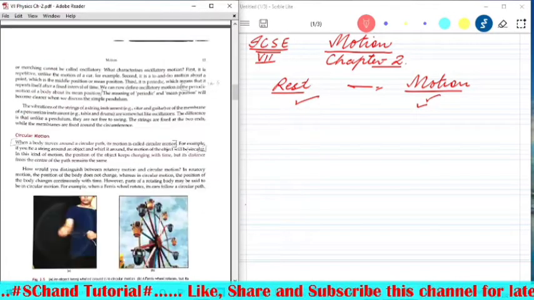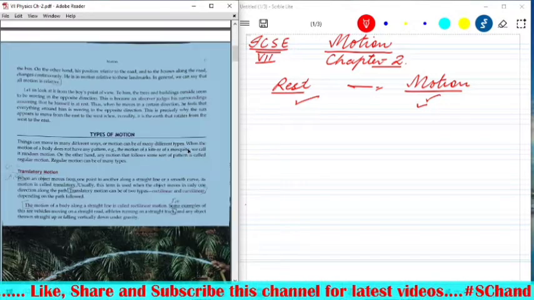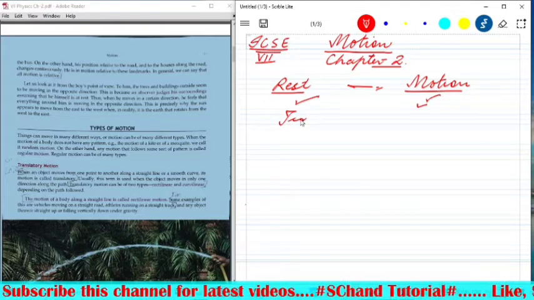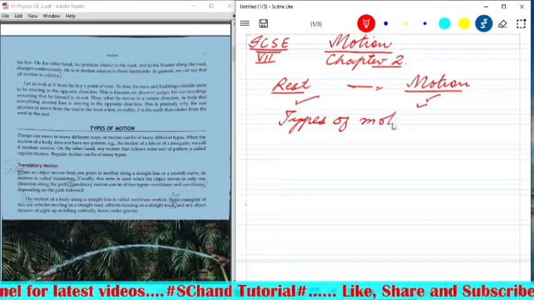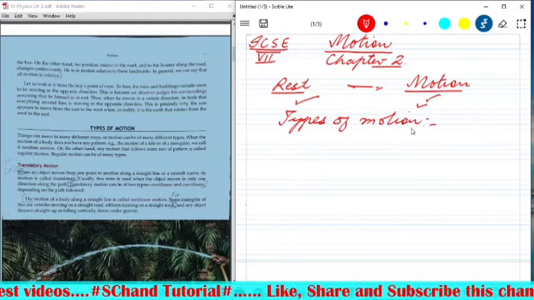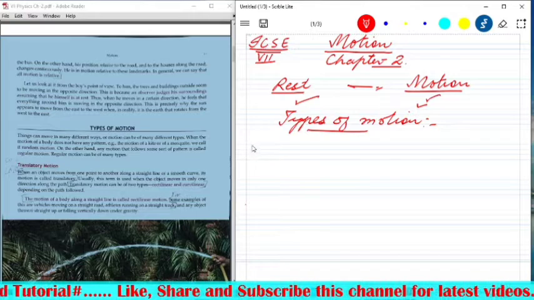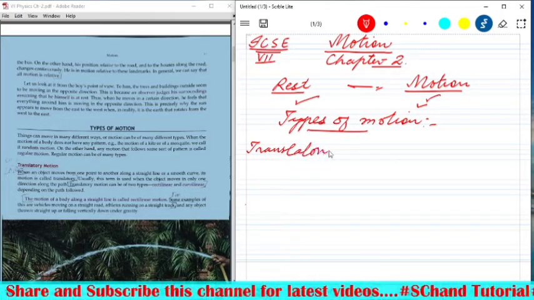In the same way, let's discuss the types of motion. There are different types of motion, and we will discuss some of them. The very first is translatory motion.